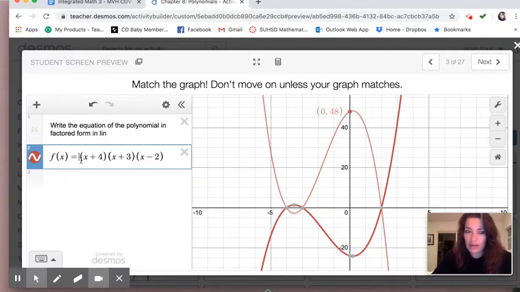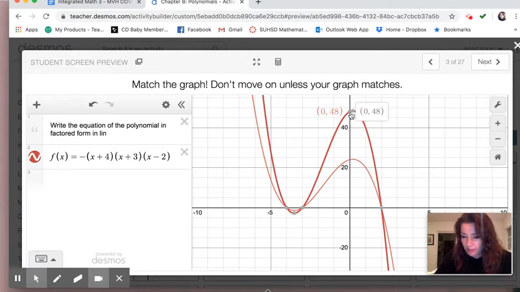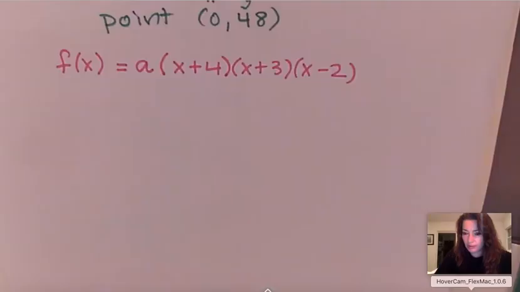That means our a value is going to be negative. You could see if I put a -1 here, that flips it, but it doesn't quite match. So we can use any point on this graph, which we already have as 0, 48. So I'm going to use that point to plug into this equation to try to determine what the a value is. So let's go ahead and look at that.